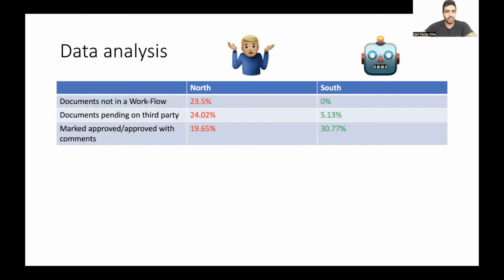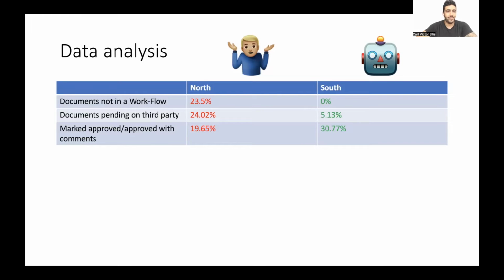You can see that 23.5% of documents on the north side are not currently in a workflow for the services. And of course, because I wrote a program that adds documents that are not in a workflow to a workflow, we can see that the south side has 0 documents not in a workflow. So good work, LendLease Bot.